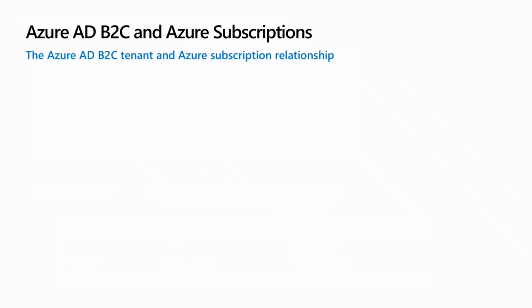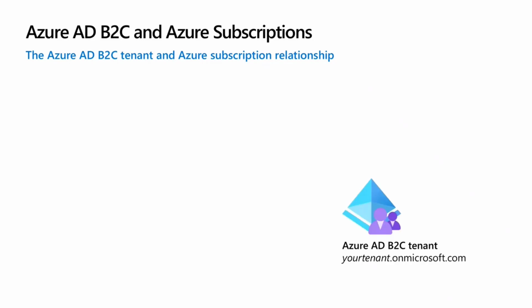So to start with, one thing that I just felt that I need to sort of start with to explain is the relationship between a B2C tenant and Azure subscriptions, because it happens that I meet customers and people who think that it's actually a resource that lives in an Azure subscription, much like storage, virtual machine, app services, Kubernetes clusters, and whatever.